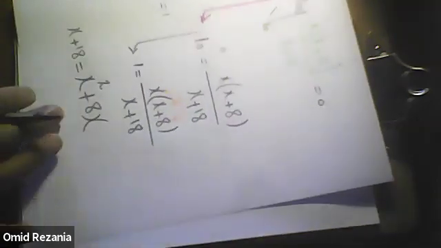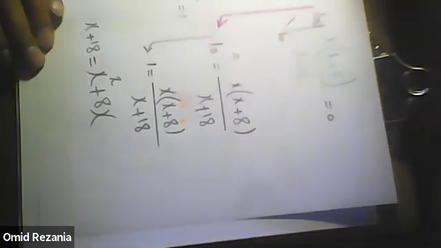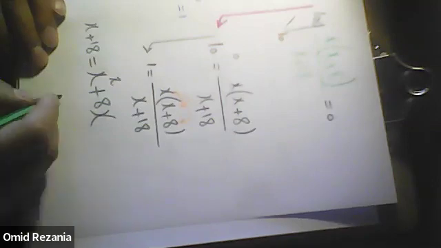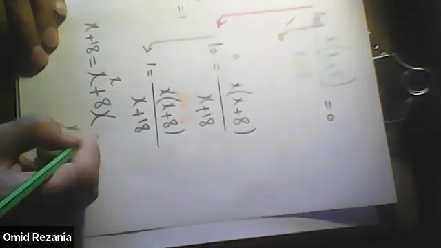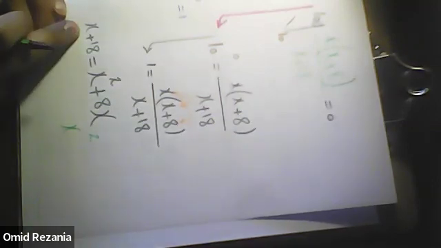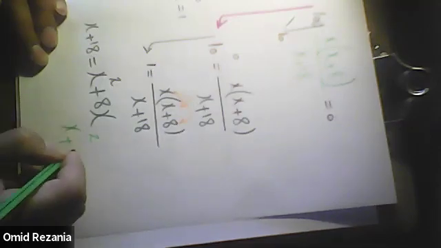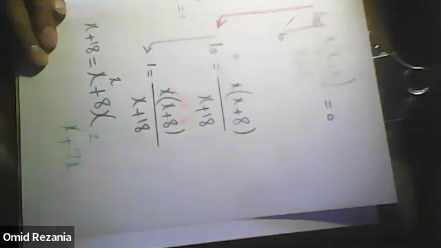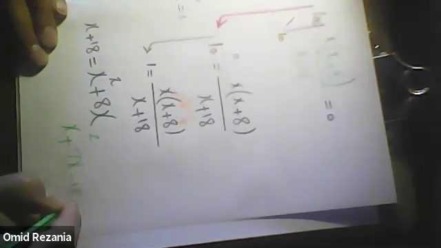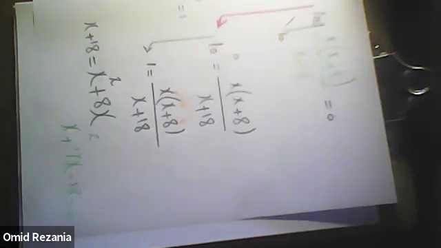Then from there, I just want to make things look much nicer. What do I mean by it? I'm just going to write this like that. I keep the x squared. I take x from the left to the right, it becomes minus x, plus 8x becomes how much? 7x. And I have 18 to take to the right side, it becomes minus 18 equal to 0.